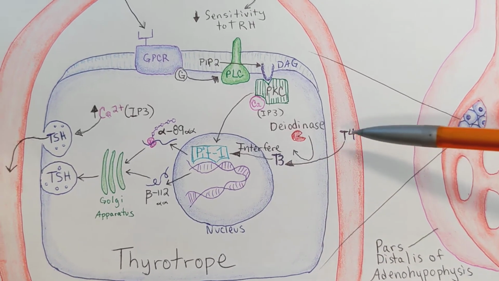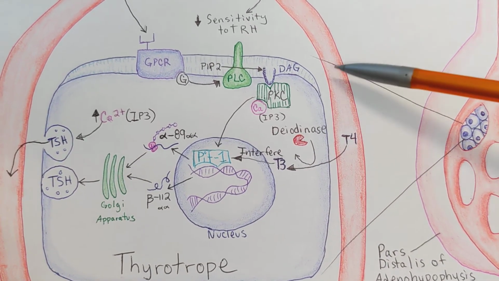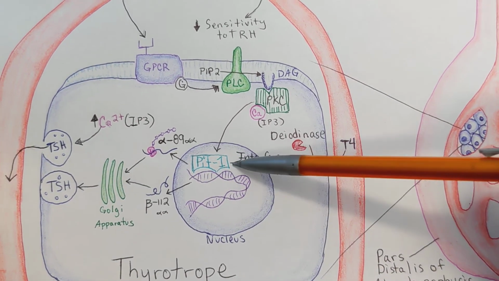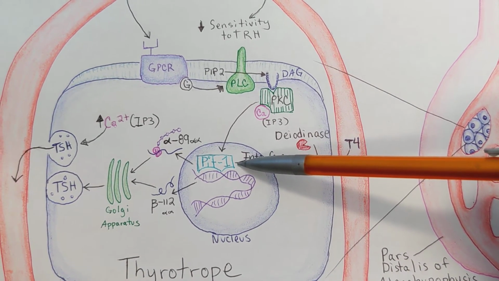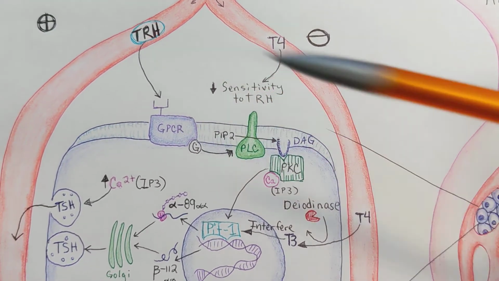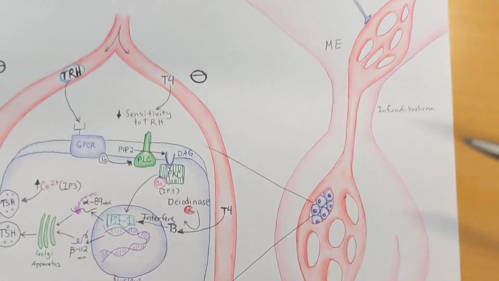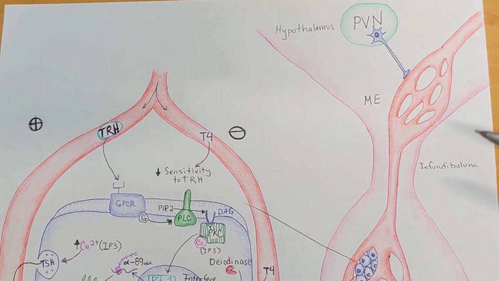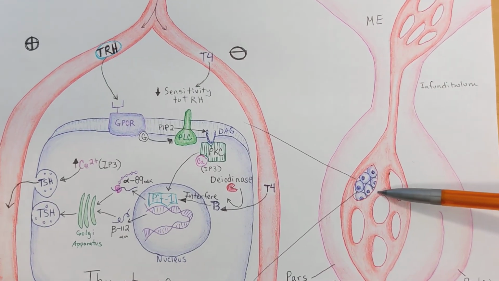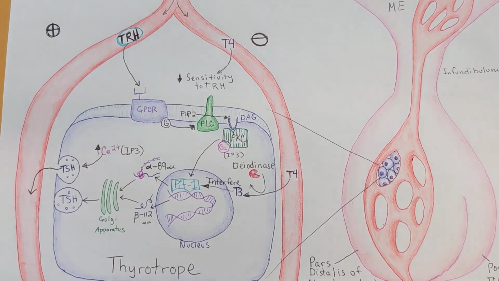So again, negative feedback is exerted by these thyroid hormones by directly interfering with the transcription factors and reducing the sensitivity of the thyrotropes to TRH. Once again, this has been essentially part 2 of the H hypothalamus, P anterior pituitary gland, and thyroid axis. Thank you.